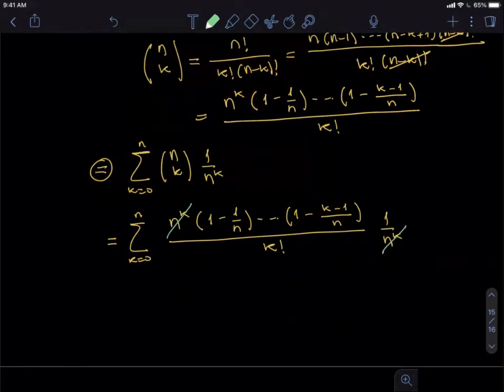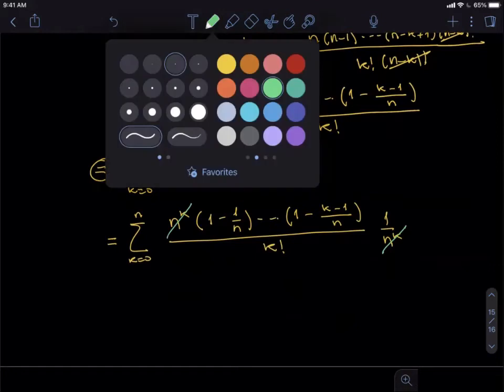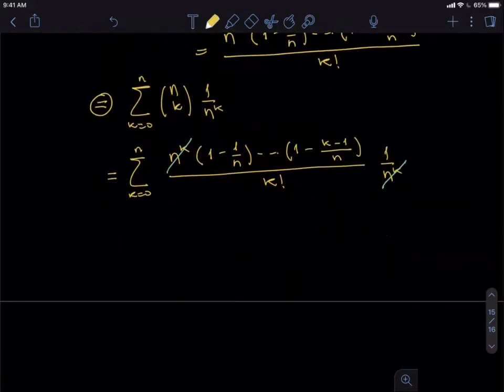Okay, and what we have, let me write it carefully. Let me write it in extended form. So what we are going to have, k equals 0. This is going to be 1, because for k equals 0, there are no terms in this expansion. For k equals 1, I have 1 minus 1 over n times 1.